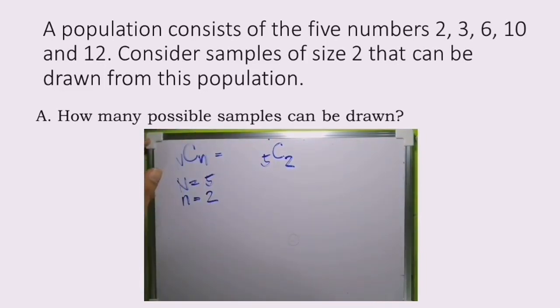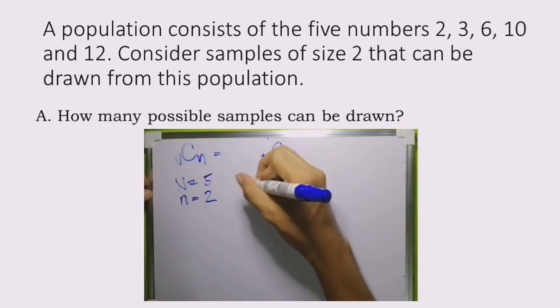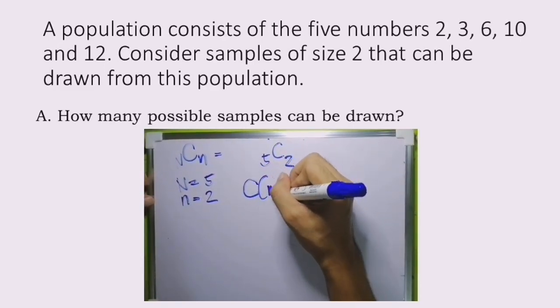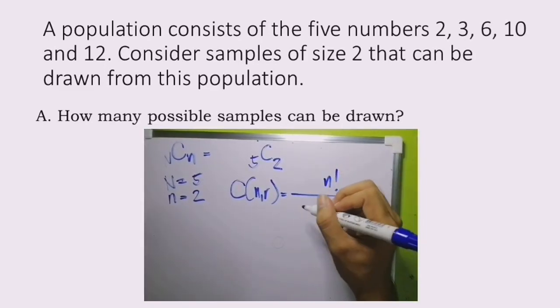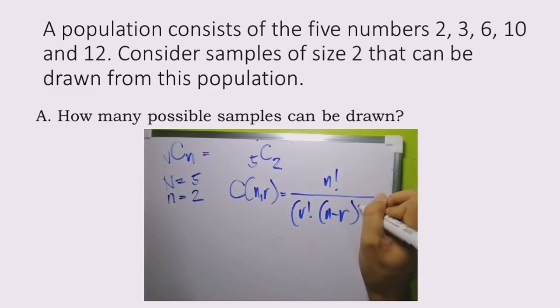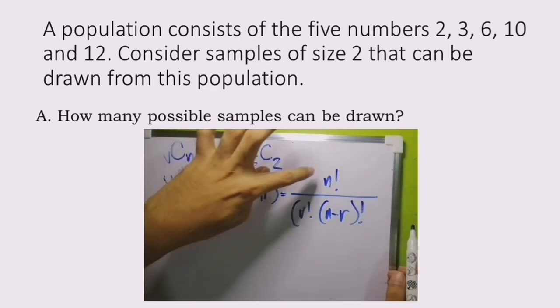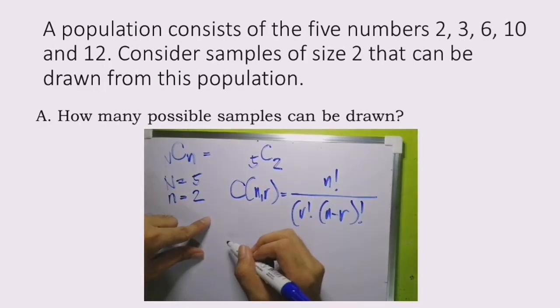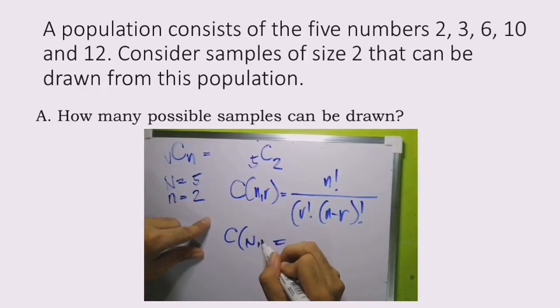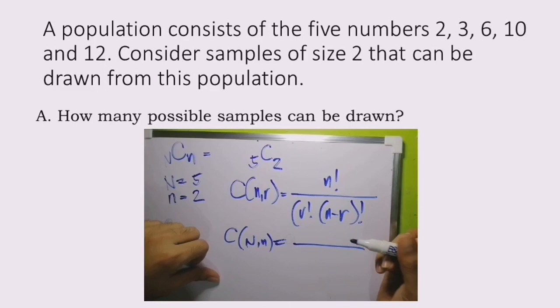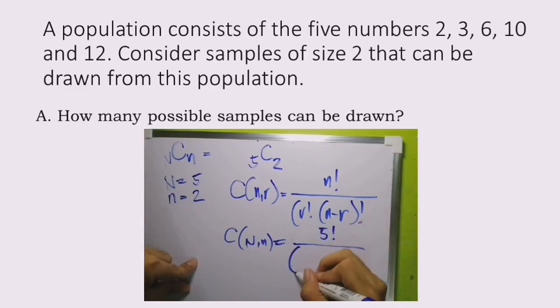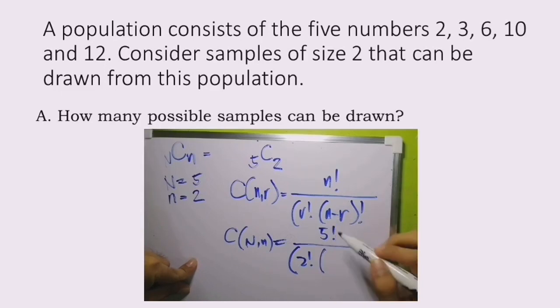Kung naka-recall mo ani, ingani ganito siya, mao ni ang atong formula sa inyong grade 10. So ang atong i-substitute, capital N, which is the total population, ang small n ang sample. So atong i-solve, this is 5 factorial divided by 2 factorial times 5 minus 2, is 3 factorial.